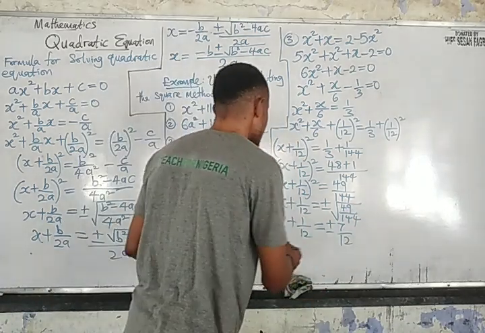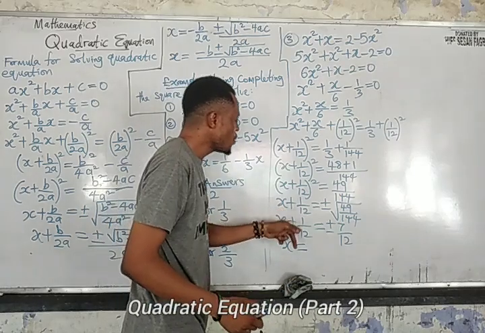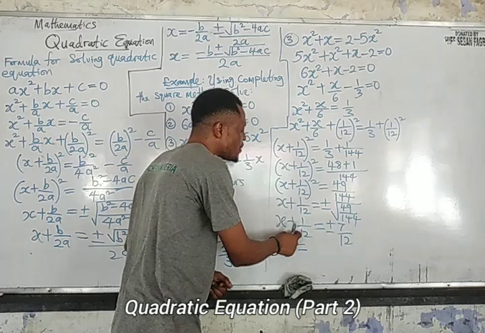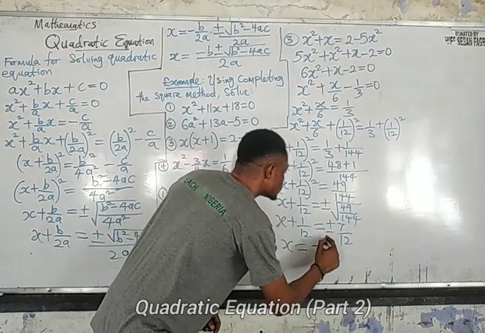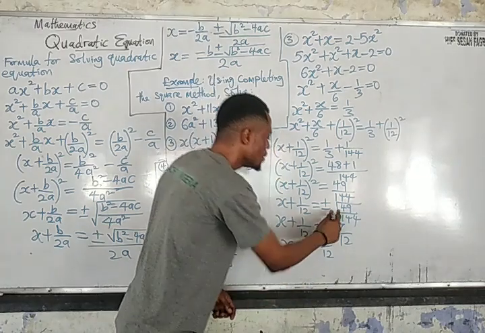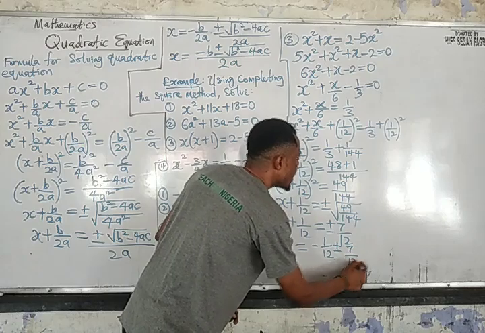Now, let's carry out the next level, which is x equals: 1/12 will move to the right side. By the time the 1/12 moves, it becomes a minus. So we have minus 1/12, then plus or minus 7/12.